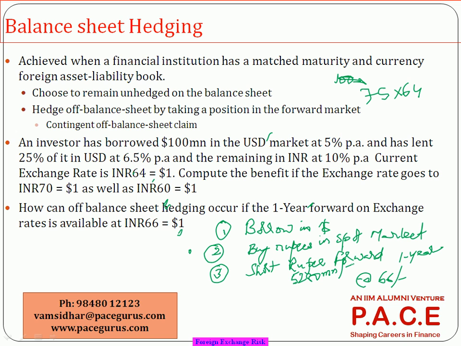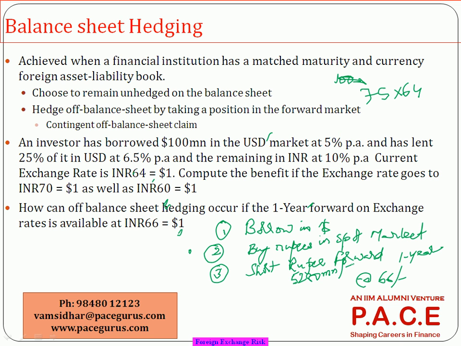Now, by entering into this transaction, I am freezing my rate. What will happen on that day, irrespective of whatever is the market exchange rate? I will be able to sell my rupees, assuming that I have got all my rupees from the lending I have done in India, because I have bought those many rupees.